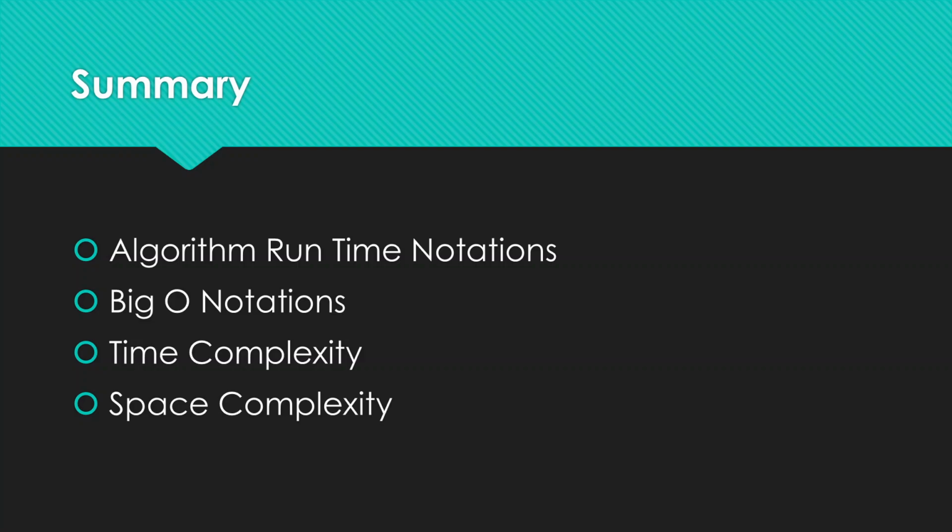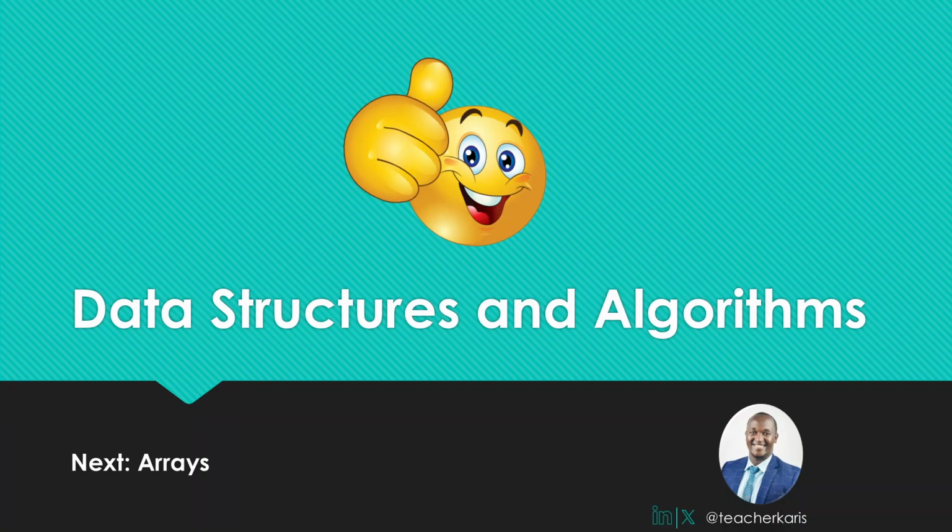In the big O notations, we have the linear time, the constant time. Those are the most common ones, and also the logarithmic time, which are very nice. You've been able to add up the time complexities of code to understand the overall time complexity of the code and also space complexity. So thank you very much.